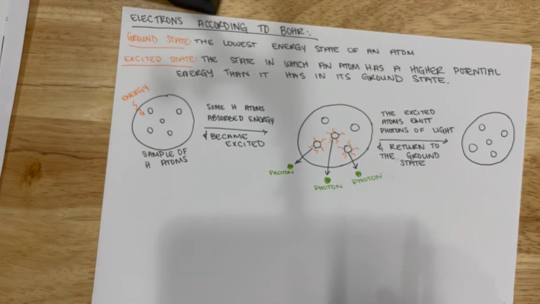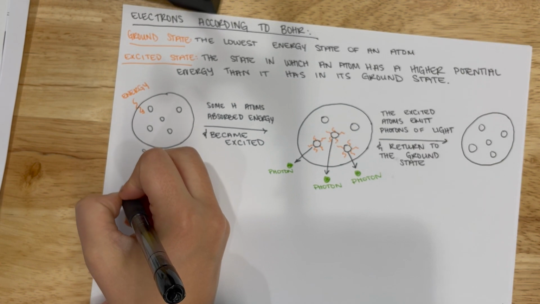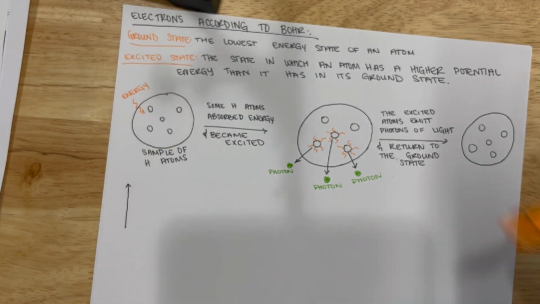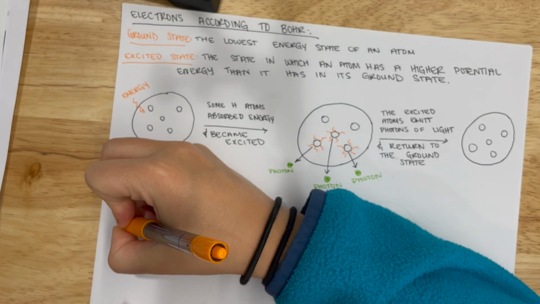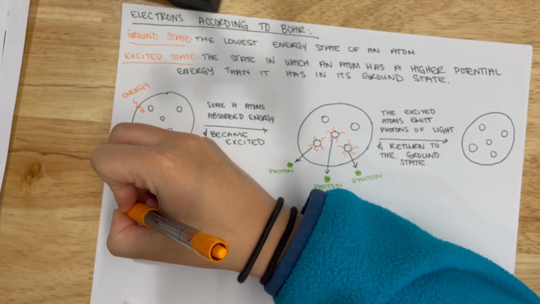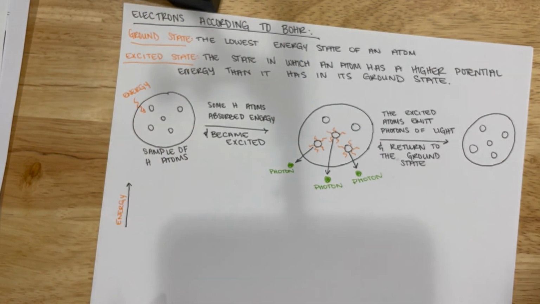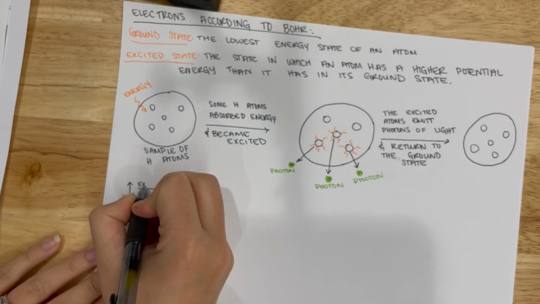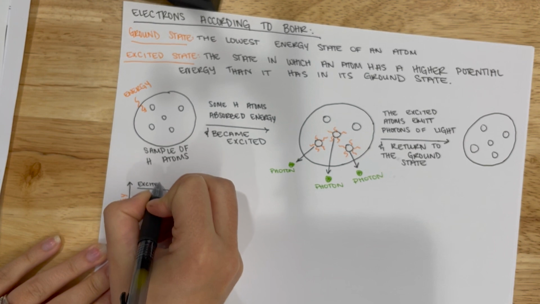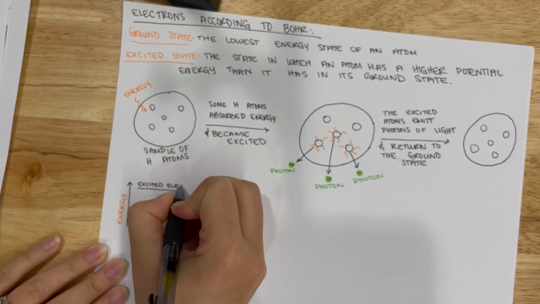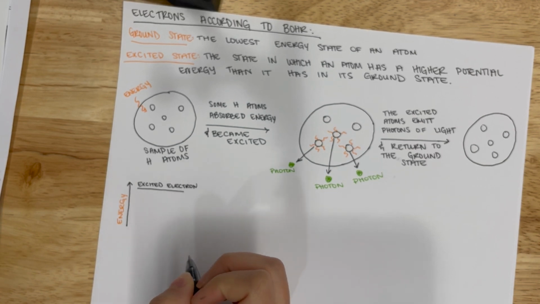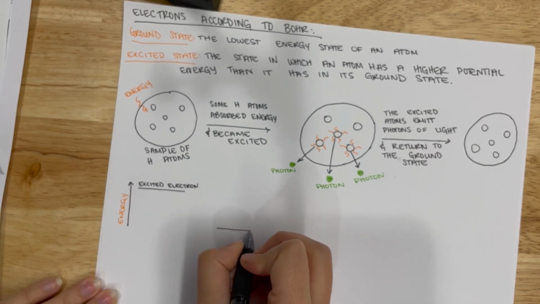So there's a couple different ways we can think about this. We can think about this from an energy perspective, right? So if we have a graph where we're looking at energy, you have your excited electron, and then you have your original state, right?